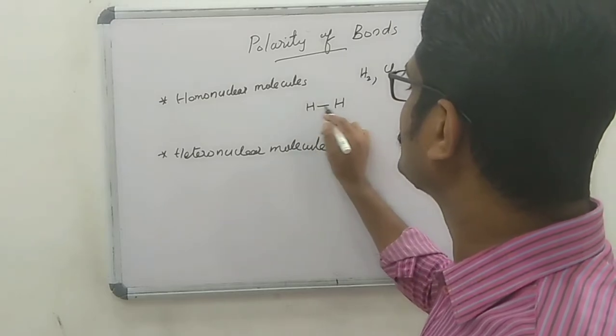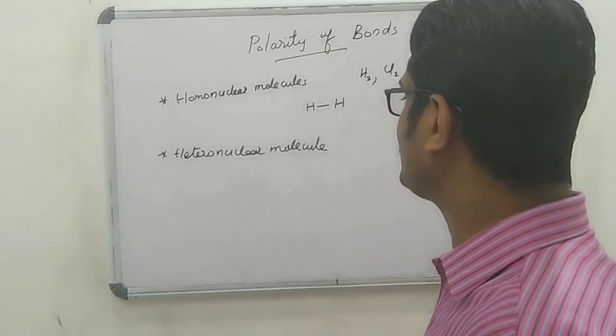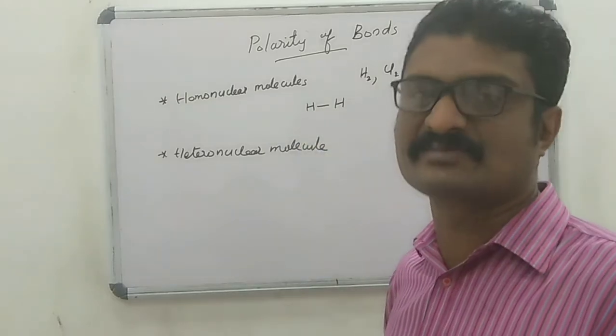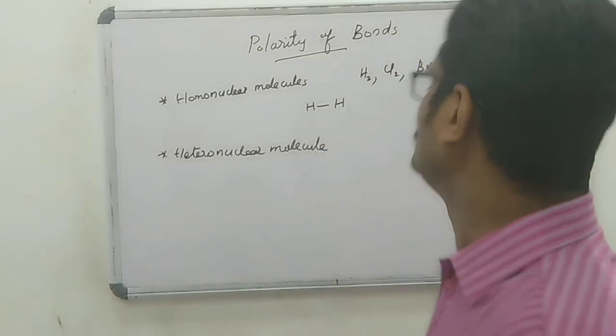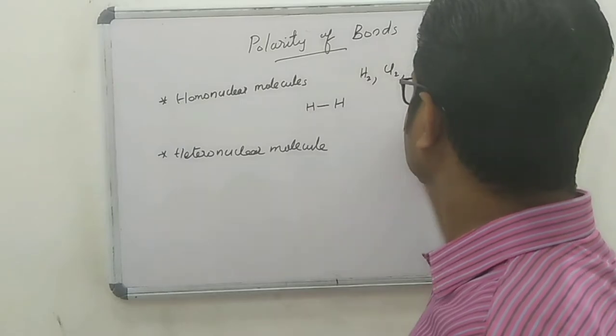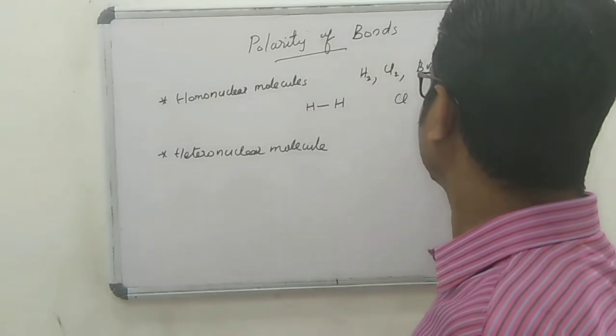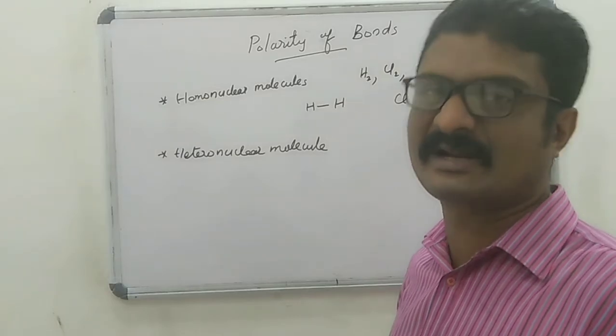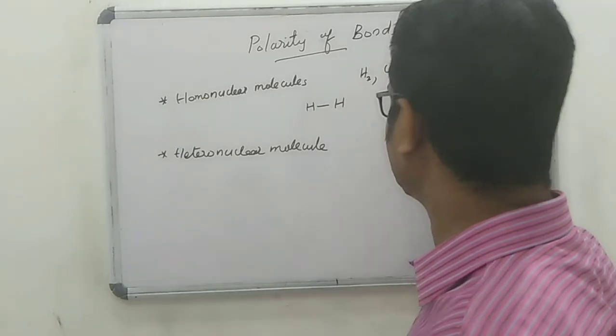H2 is formed by the combination of two hydrogen atoms. The nuclei of the two bonded atoms are the same. That type of molecule is called a homonuclear molecule. Cl2 is formed by the combination of two similar atoms, that is chlorine atoms.